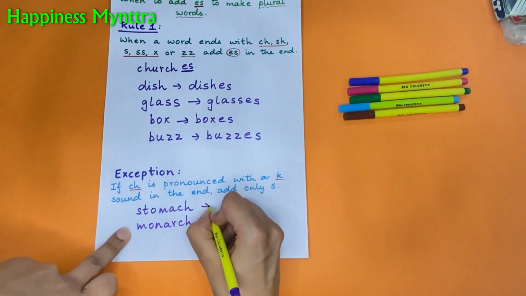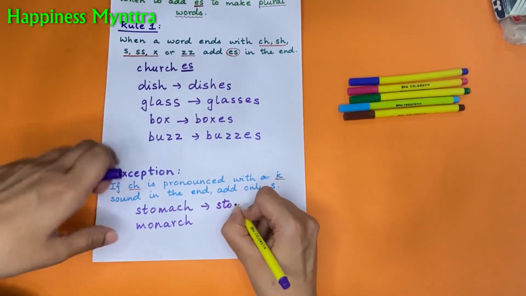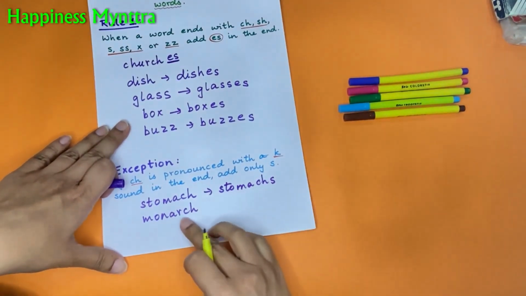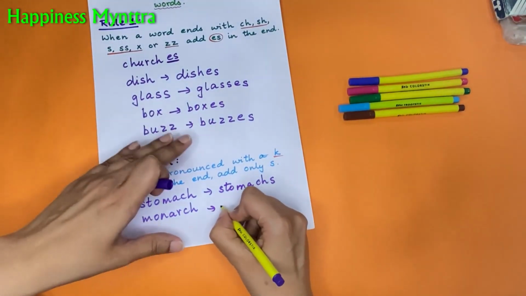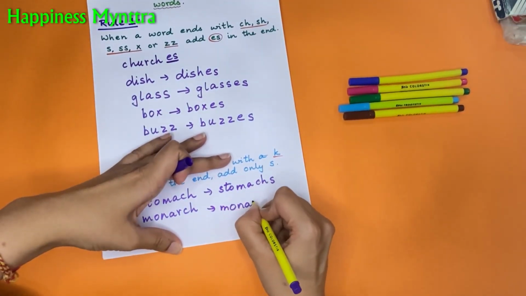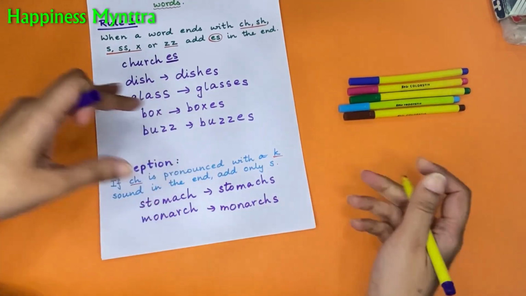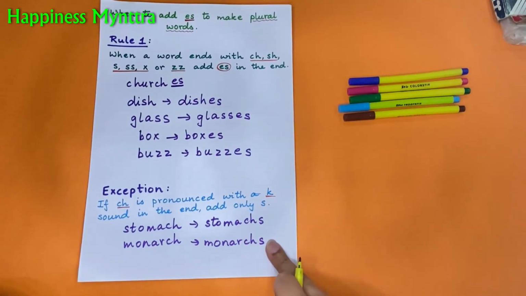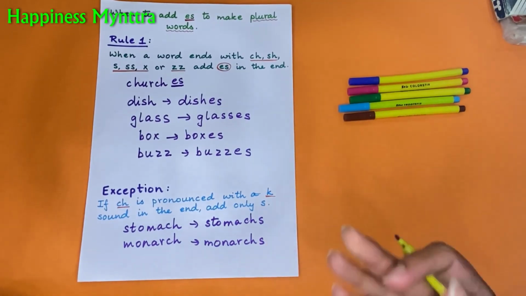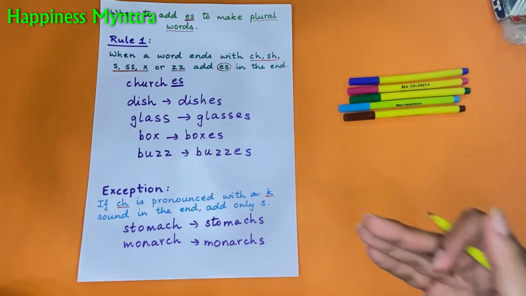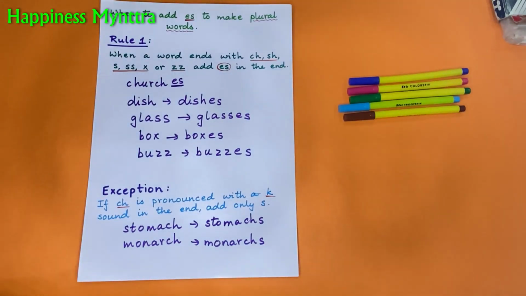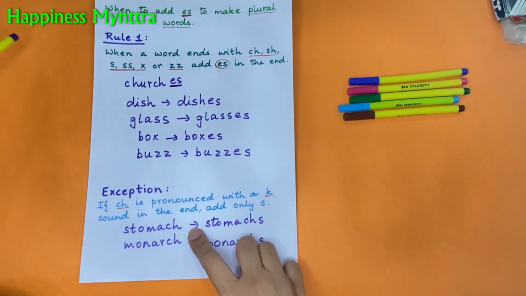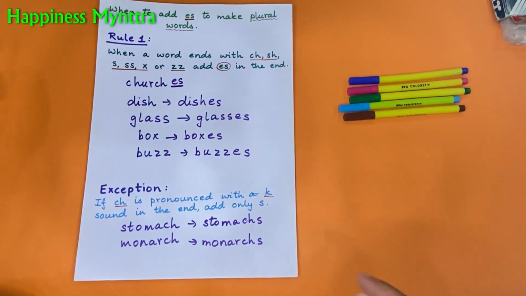We are saying a k sound, so the plural form would be stomachs. And similarly here it will be monarchs. Okay, so this is one very essential exception. Make sure that the children do English based on sounds. That's very important. If they just look at the ending ch, then they are bound to make mistakes. They'll put in an es in both these cases.